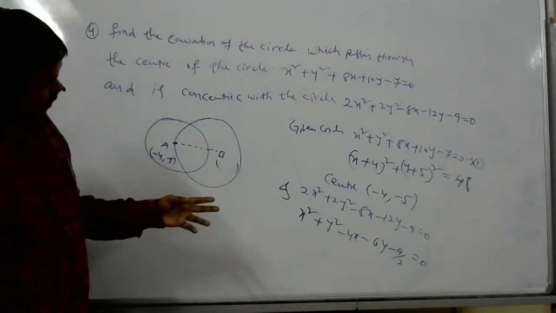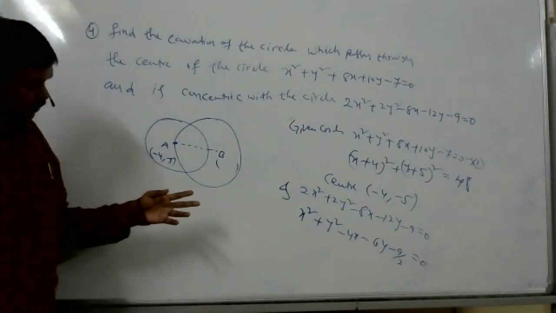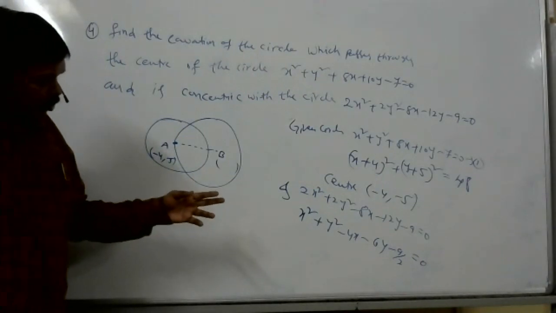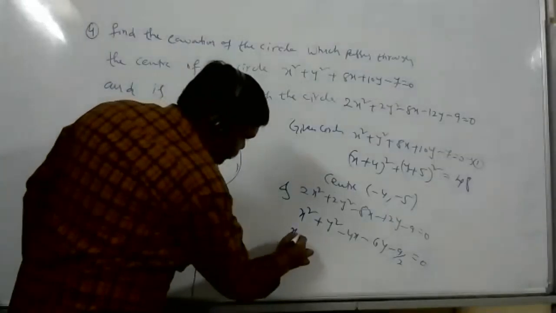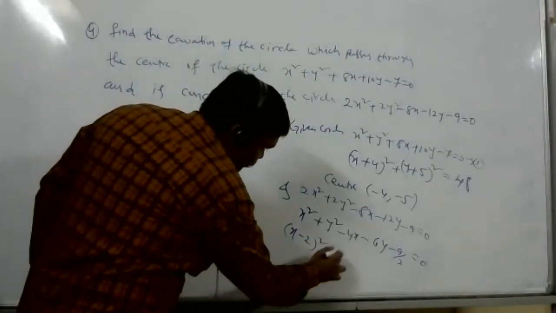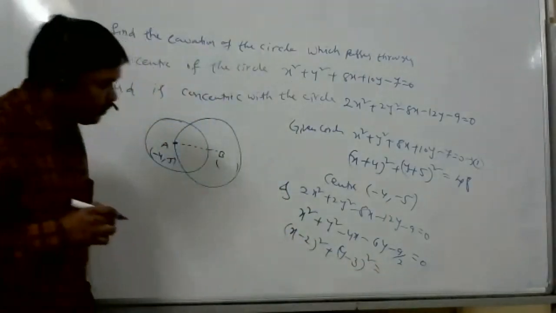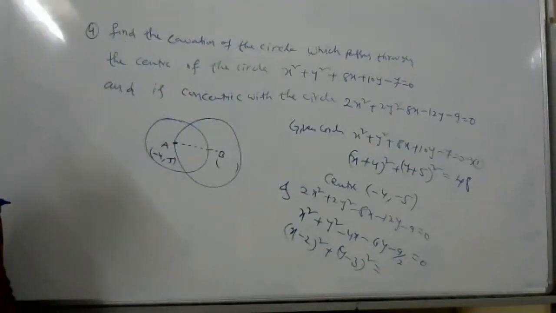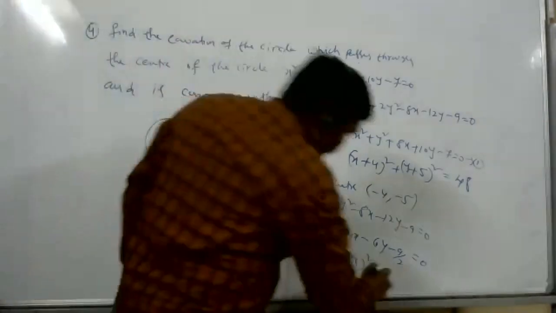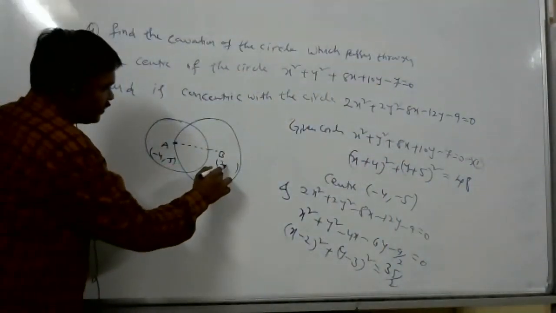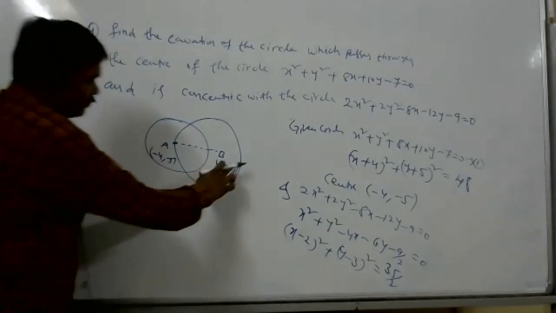Sir, it'll be 2 comma 3. (x minus 2) whole square plus (y minus 3) whole square is equal to 35 by 2. Now this center is 2 comma 3.